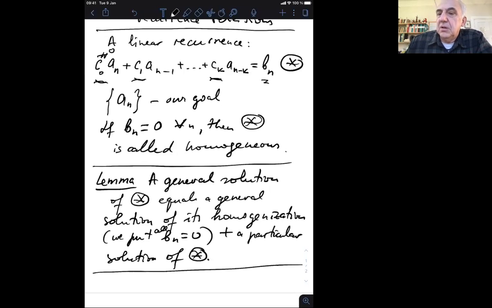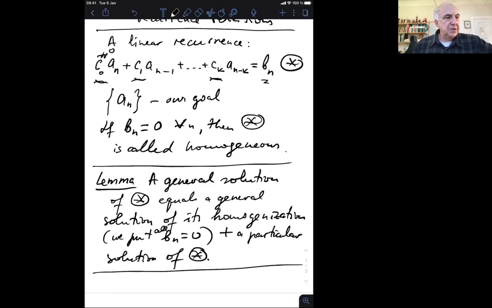But in general, there is no recipe for how to do it. For an arbitrary right-hand side sequence b_n, there is no easy way to find a particular solution. But at least we have a reduction. If we're lucky enough to find a particular solution, which works in several cases, we can find the general solution of our non-homogeneous system as well.